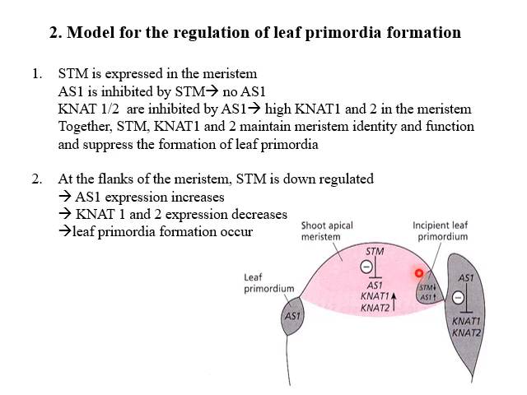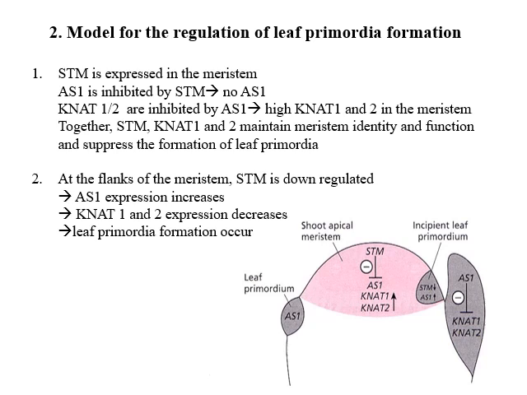However, at the flanks of this region, you get the formation of leaf primordia by downregulation of STM, and that results in upregulation of AS1 since STM suppresses AS1, as you see here. So when STM expression goes down, AS1 goes up, and that then triggers leaf formation.